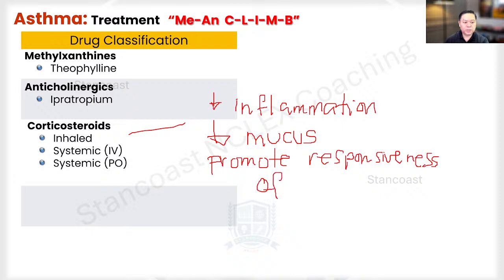Okay, let me just put here as beta 2 or B2 receptors. So this would really benefit the patient, especially if they're using the beta 2 adrenergic agonists as well. Okay, so recall these drug actions. It can decrease the inflammation, it can decrease the secretions, and also it will allow much more responsiveness, especially in the beta 2 receptors.